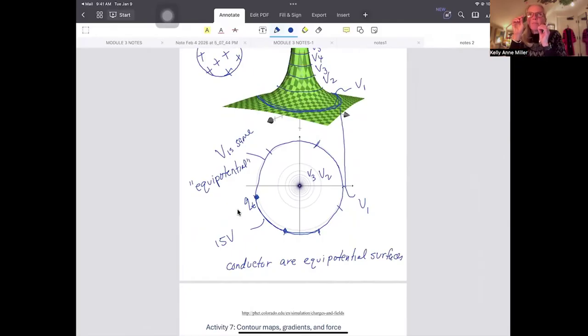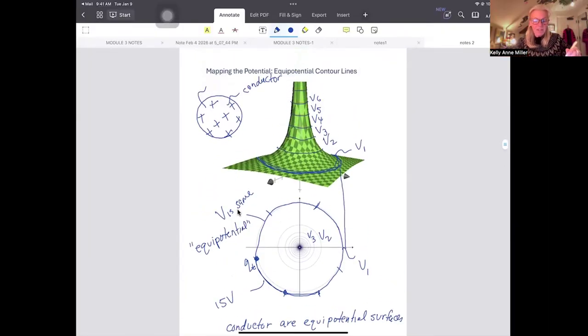And the reason for that is simply that the charges in a conductor are free to move around, and so they move around in such a way that an electrostatic equilibrium is reached very, very quickly. And the entire surface is at the same potential.